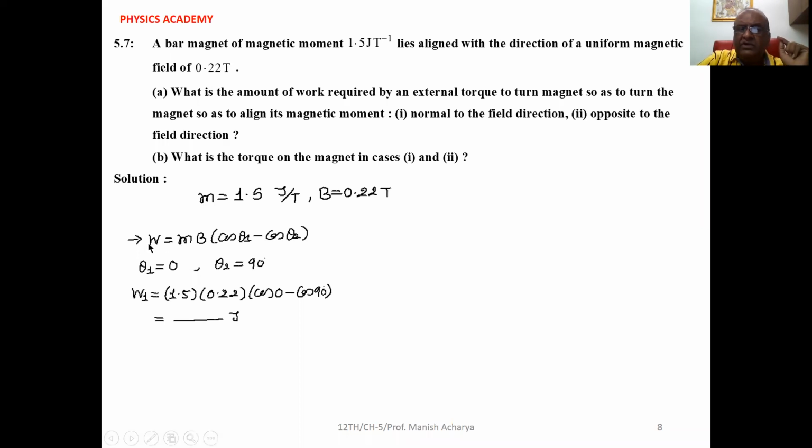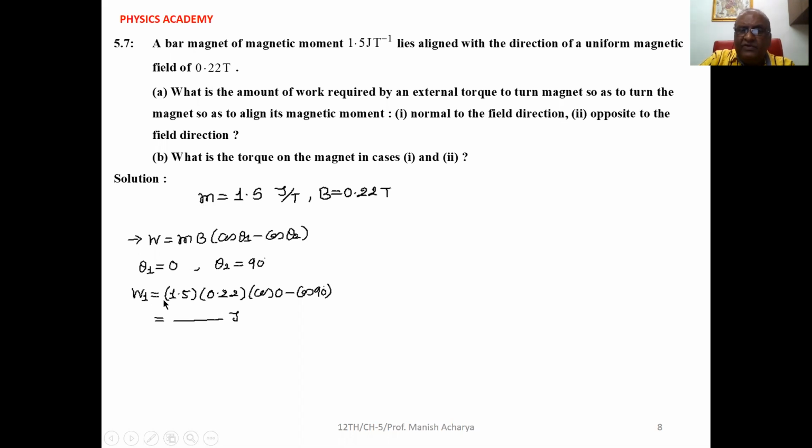That is W equal to mB times cos theta 1 minus cos theta 2. Now, the initial position is aligned with the field, meaning theta 1 is equal to 0. So from theta 1 equal to 0 to theta 2 equal to 90, normal to the field direction.